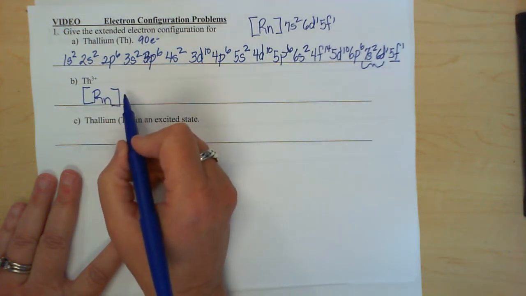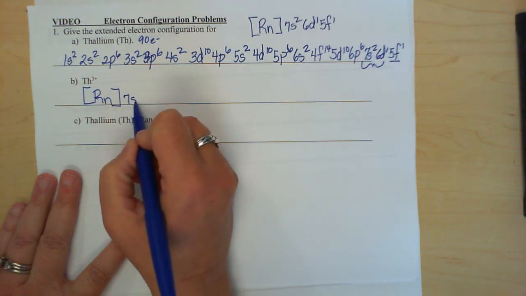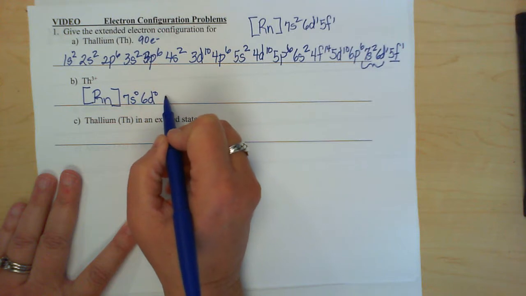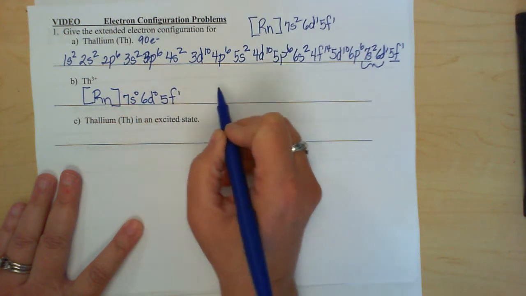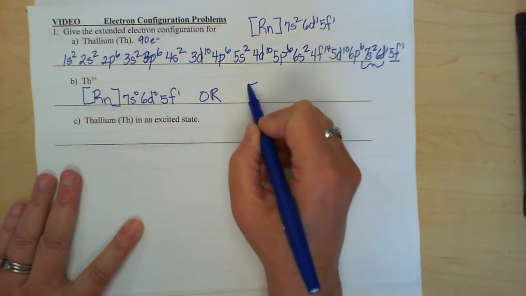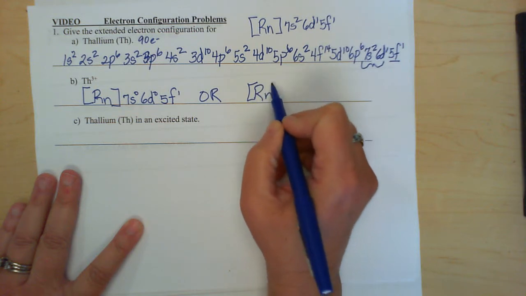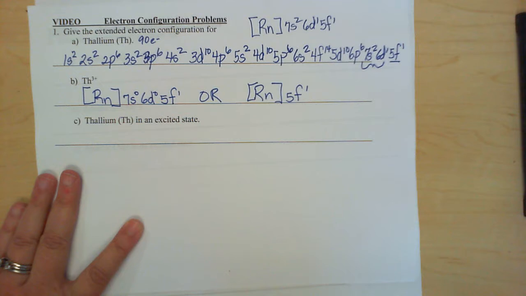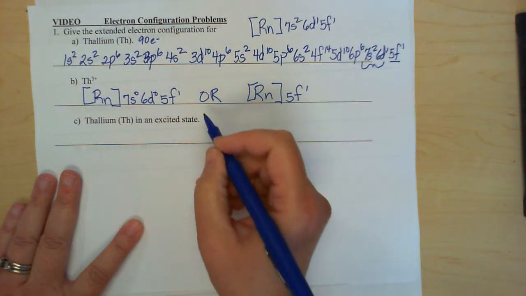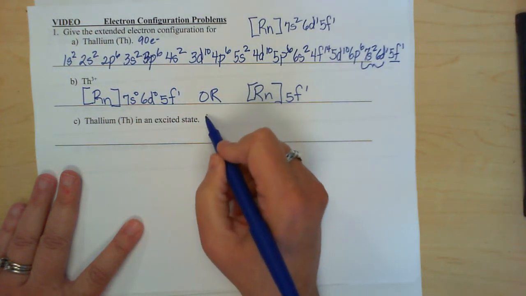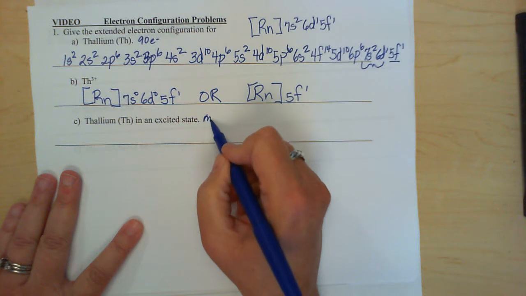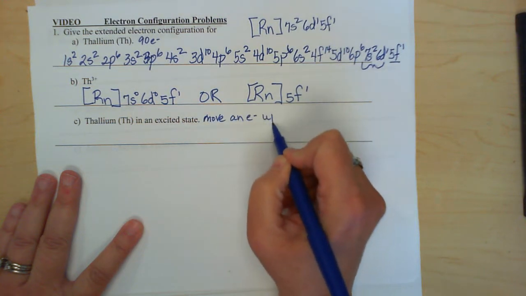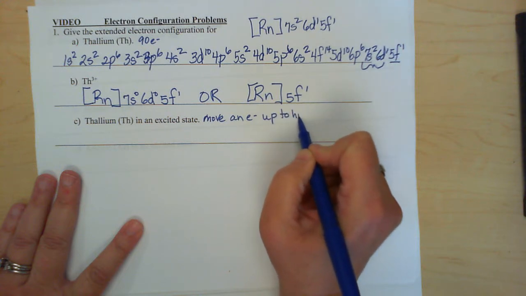So we'll lose this 7s and the 6d, and you can write it like this, or you can just remove them totally, so we're left with 5f1.